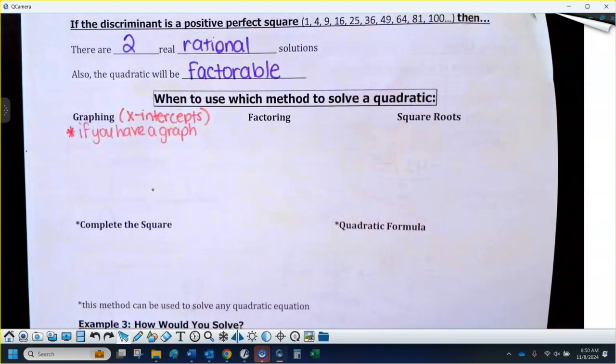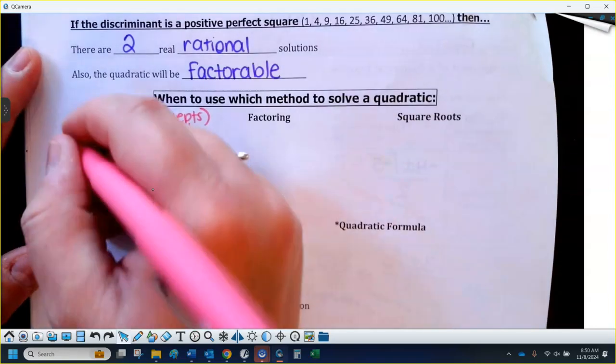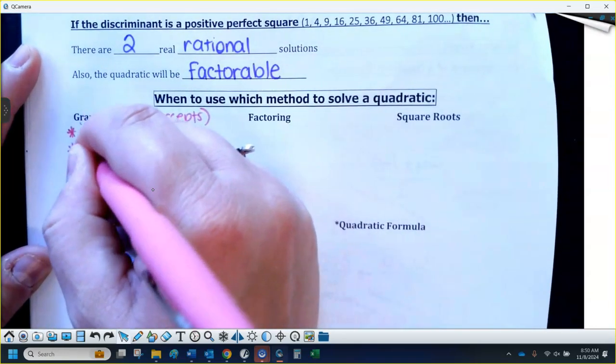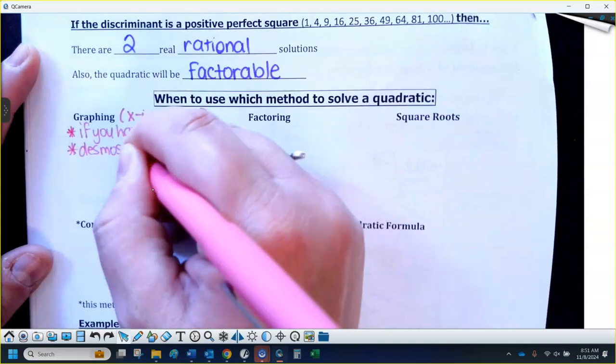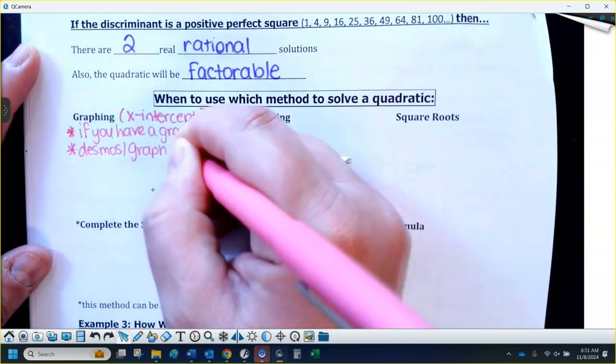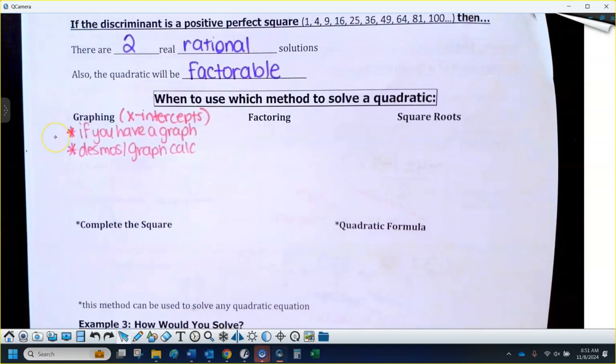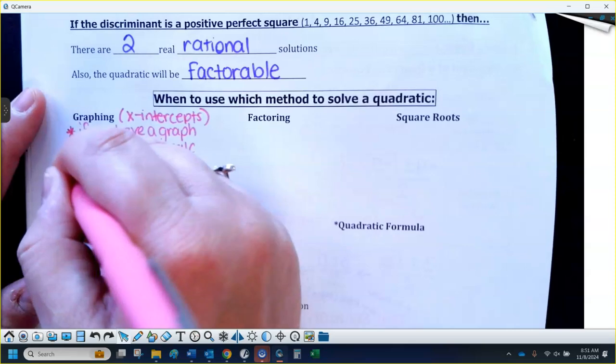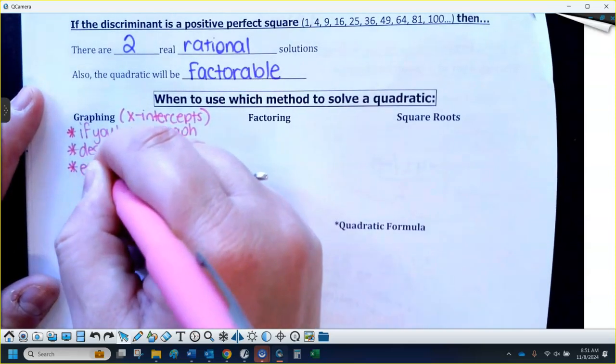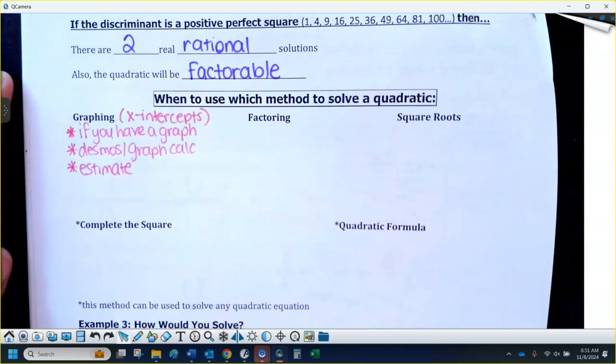And if you have a graph, or if you are allowed to use maybe Desmos or your graphing calculator for the question, or it asks you to use one of those 2, it's trying to ask you to solve by graphing, that would be the method I would pick. I would also say this would be a decent thing to do if you have to estimate your answer, if it would say something like that.